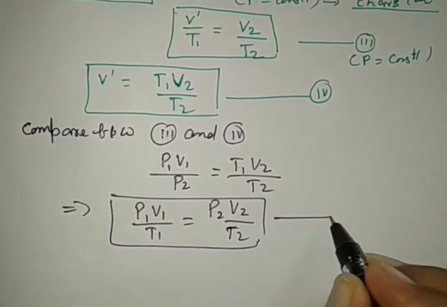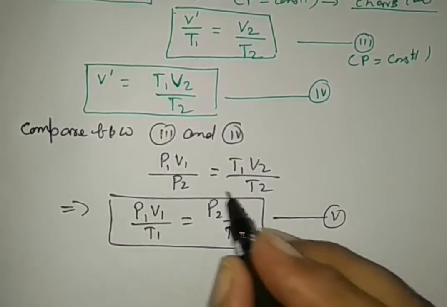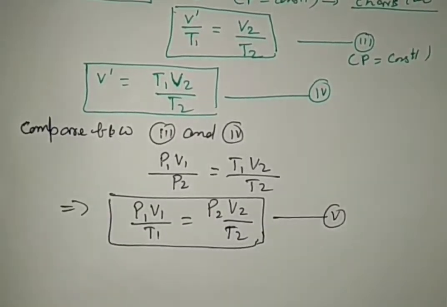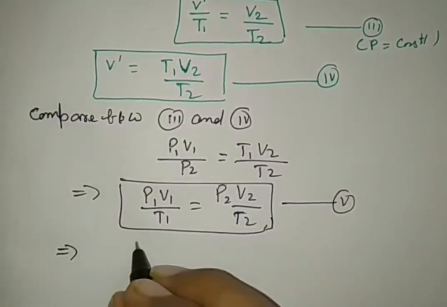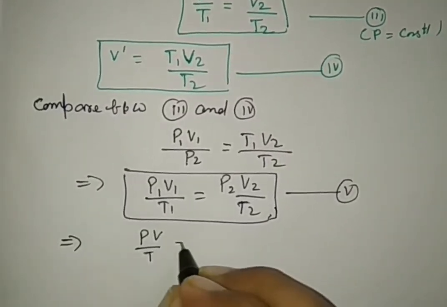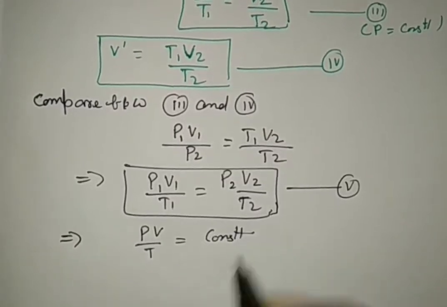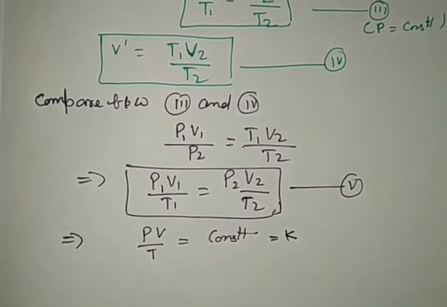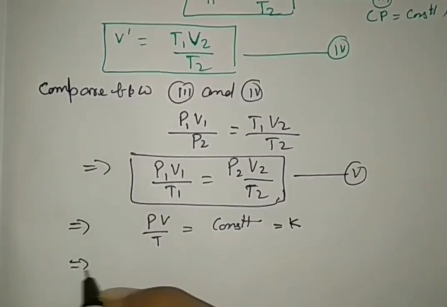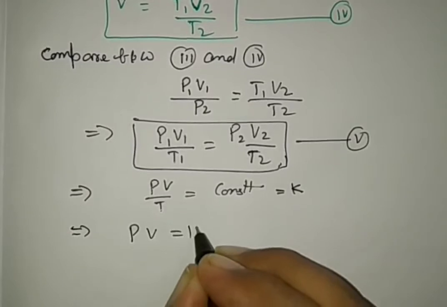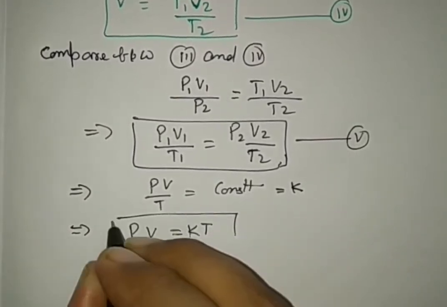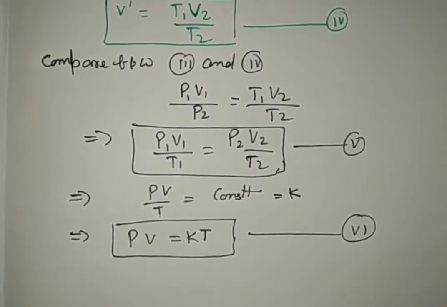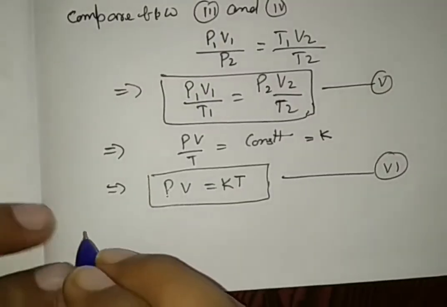Now here all three thermodynamical coordinates, pressure, volume and temperature, are showing variation. Right? This implies that PV by T is equal to a constant. If this constant is represented by K, this equation can be written as PV is equal to KT. See equation number 6, where K is a constant and K depends upon two factors.